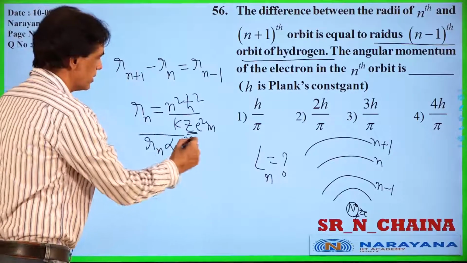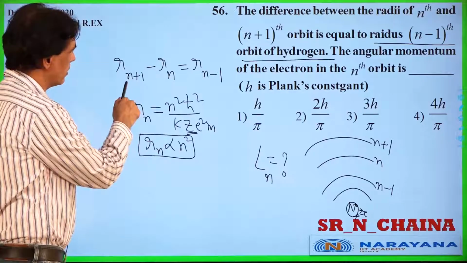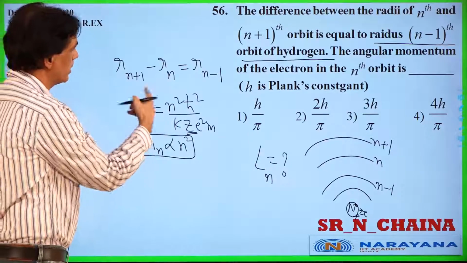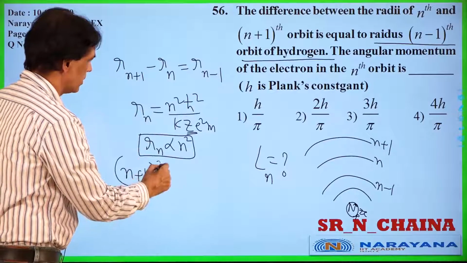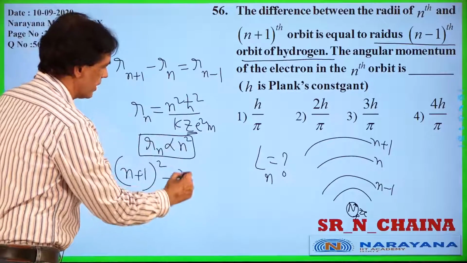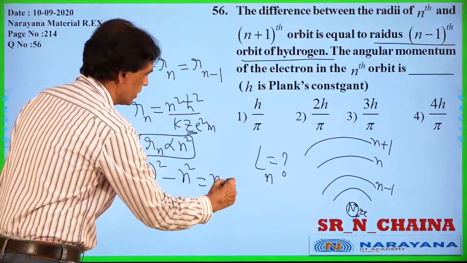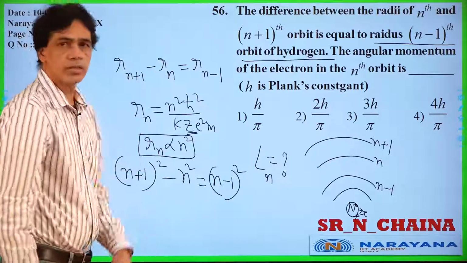If Rn is directly proportional to n square, Rn plus 1 will be directly proportional to n plus 1 whole square. Now I will replace Rn plus 1 by n plus 1 whole square, Rn I can replace by n square. Similarly, I can replace Rn minus 1 as n minus 1 whole square. Hope you understood. Just a comparison. Rn is proportional to n square.